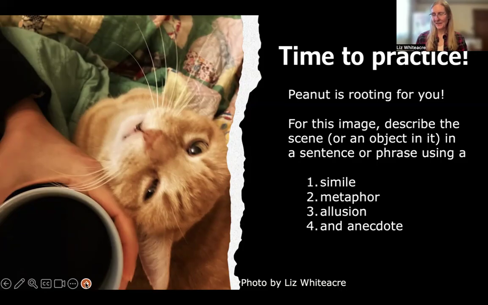He's our roommate. You could also grab a photo off your phone if you want. But I'd like you to describe the scene or the image, or maybe just the coffee or the quilt, so you can pick out what you want to describe using a simile, a metaphor, an allusion, and an anecdote. So you're going to do for this picture what I just did for the sod photo.